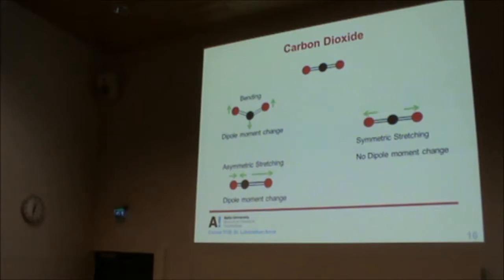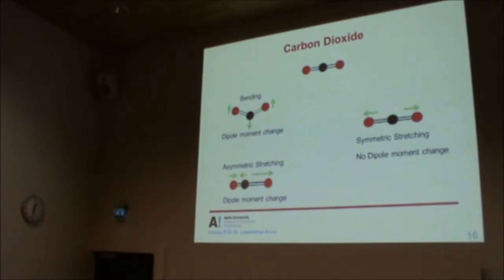Here are some examples. Take the asymmetrical stretch. As I told you, the two dipole moments cancel each other, but here the values of the two dipoles are changing, so the net sum won't be zero. That is why the asymmetrical stretching of carbon dioxide will be infrared active.